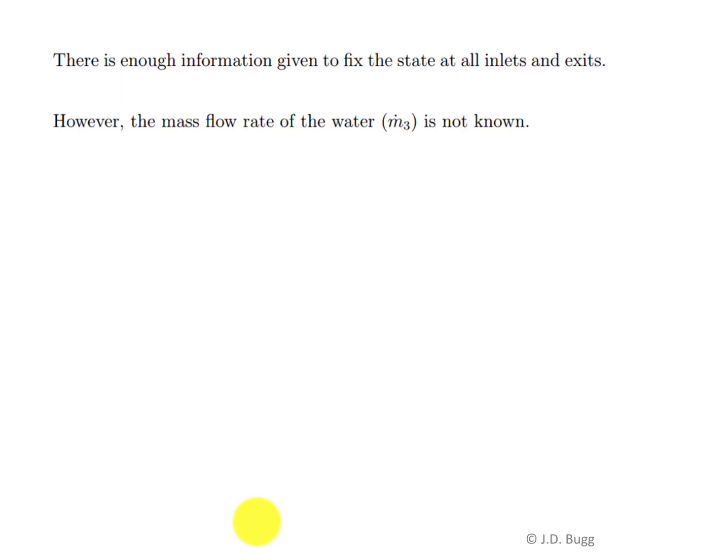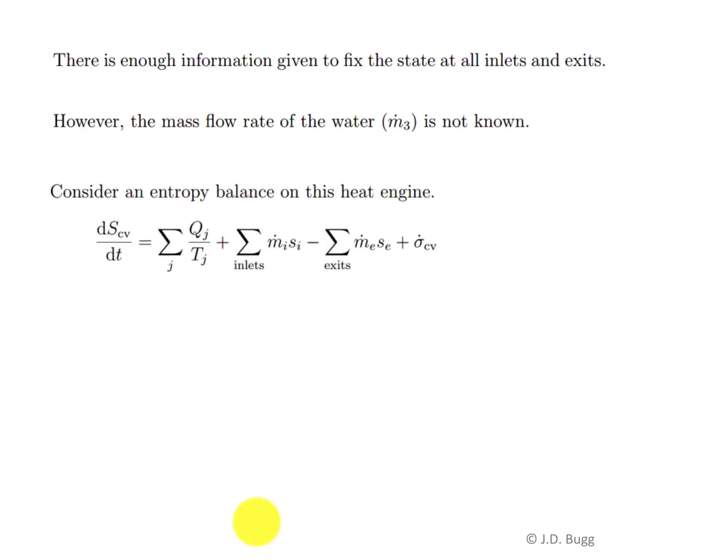And the way we do that is with an entropy balance. So we apply our entropy balance to this heat engine. Again, it's steady state, so that term will be 0. It's adiabatic, so this is 0. And because we're trying to figure out the maximum possible power that it can produce, the entropy production term here will also be set to 0.